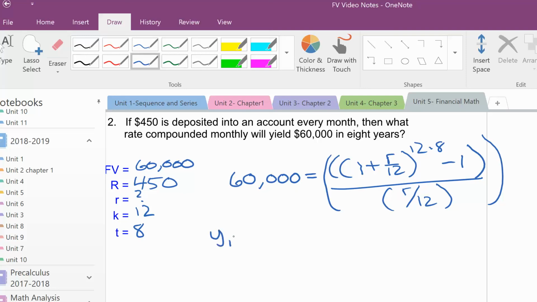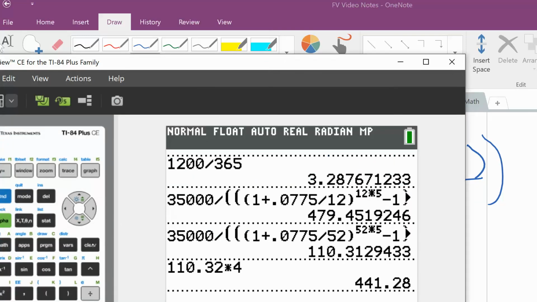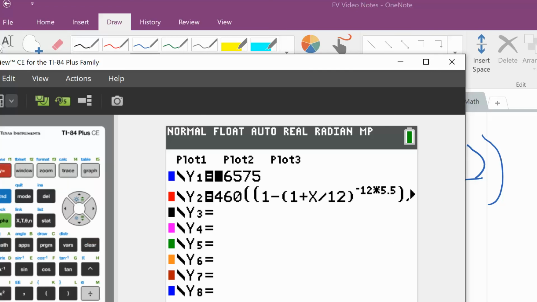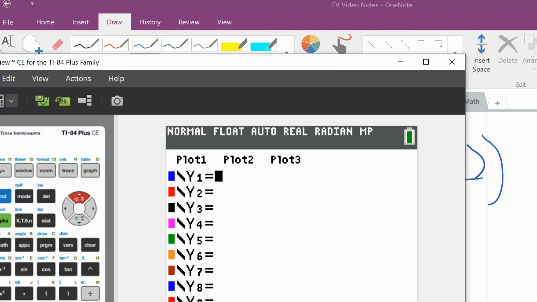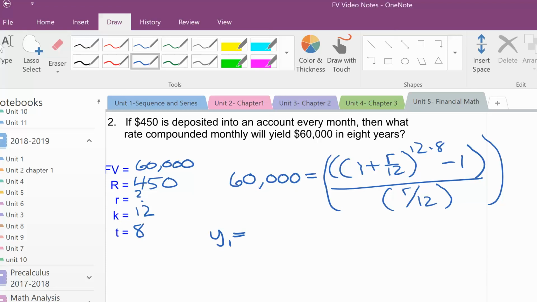So remember, when you try to graph it on your calculator, when you hit y equals, I'll clear it, y sub 1 is the left-hand side. So in this case, it's 60,000. Y sub 2 is the right-hand side. I forgot the big R there. So it's going to be x.